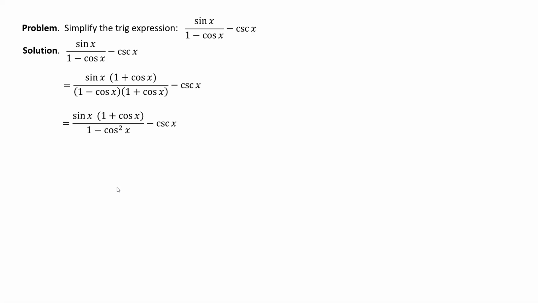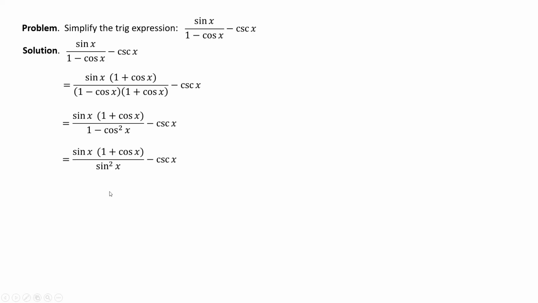And, okay, that's fine. But why? Well, here is where you need to recall the level 2 Pythagorean identity, which says 1 minus cosine square x is equal to sine square x. Where did that come from? From the original level 1 identity, sine square x plus cosine square x is equal to 1. So 1 minus cosine square x is sine square x.